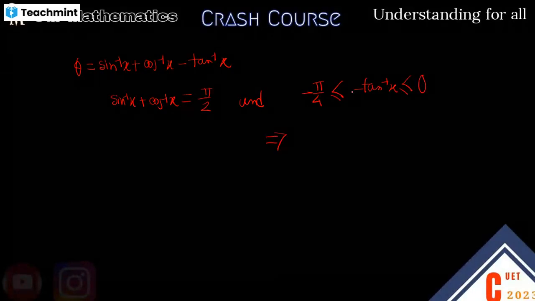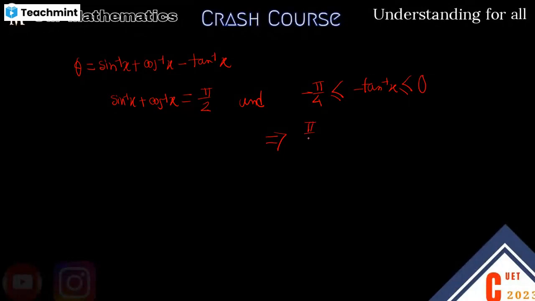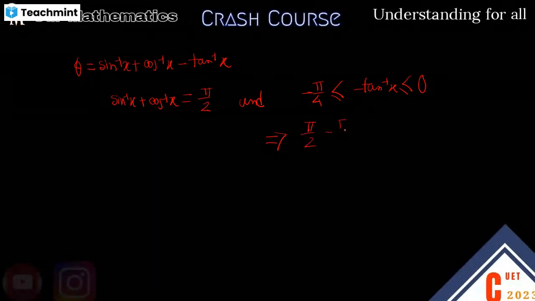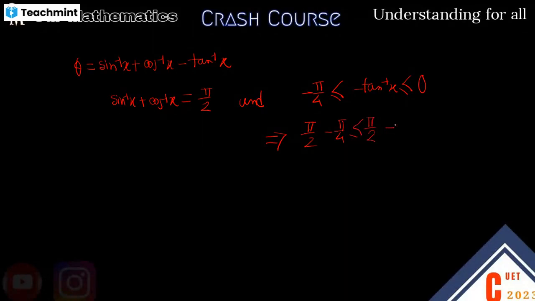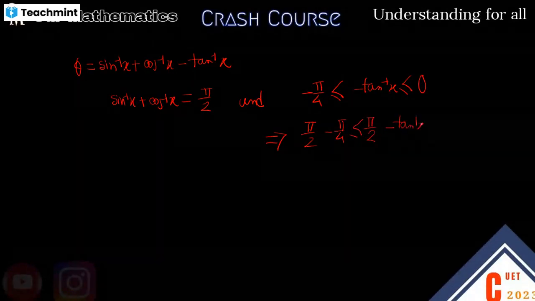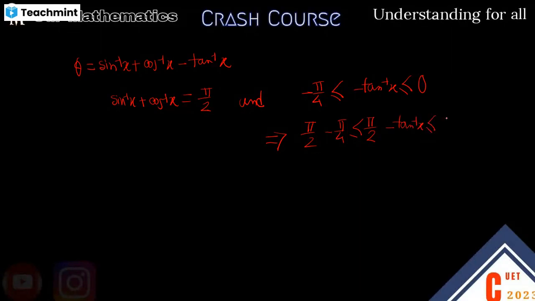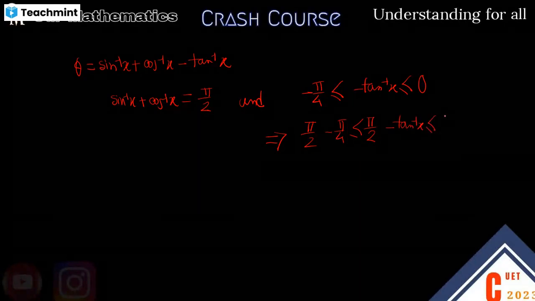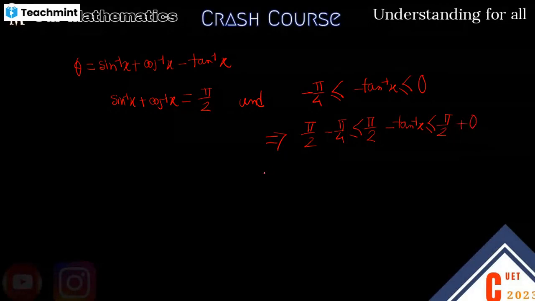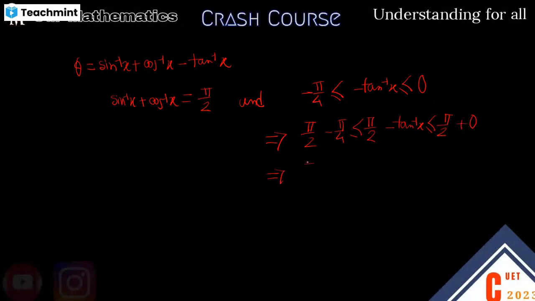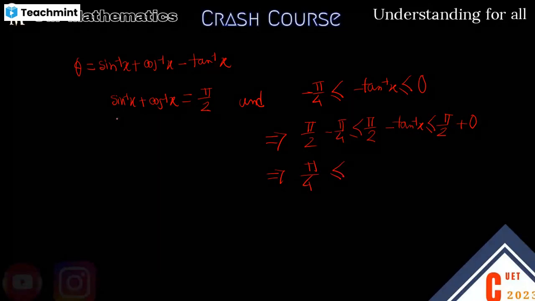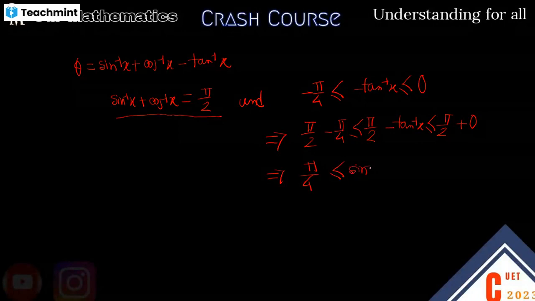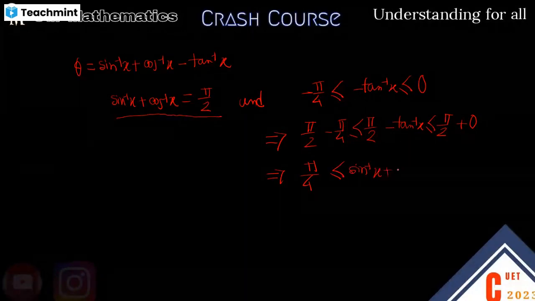If we add pi by 2 on all sides, we get pi by 2 minus pi by 4 is less than or equal to pi by 2 minus tan inverse x is less than or equal to pi by 2 plus 0, that is pi by 4.